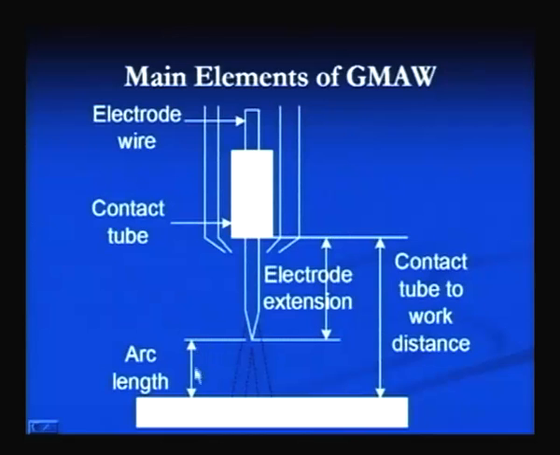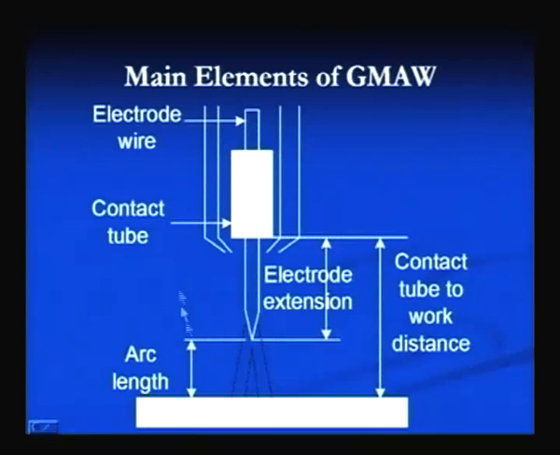A change in arc length affects the welding current, and so it affects the melting rate. In the case of constant voltage power sources, an increase in arc length decreases the welding current and decreases the melting rate, in order to maintain the arc length when the electrode is fed at a constant speed.